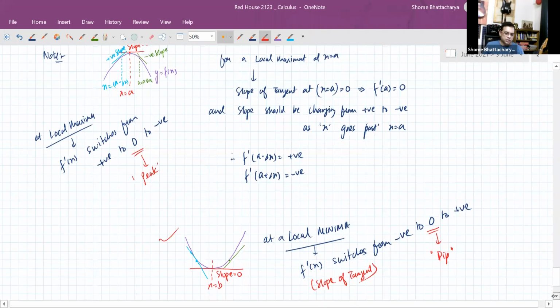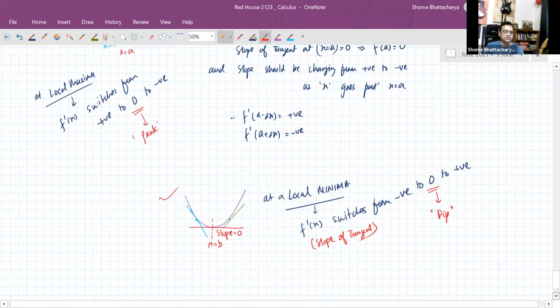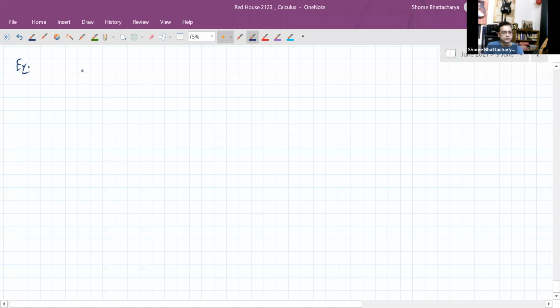Okay, so let's understand all these things by now using an actual example of a function. Let's take the function, for x belonging to all real numbers.